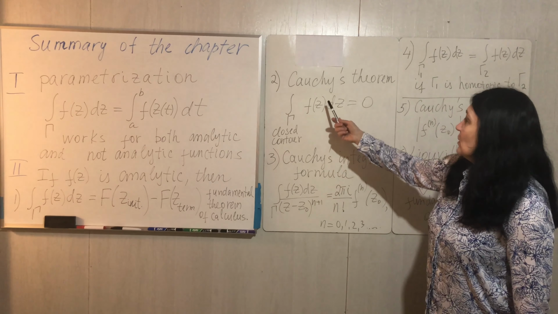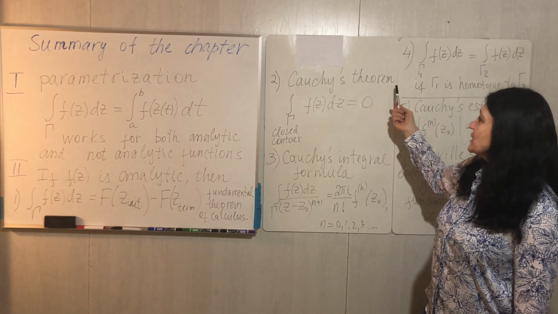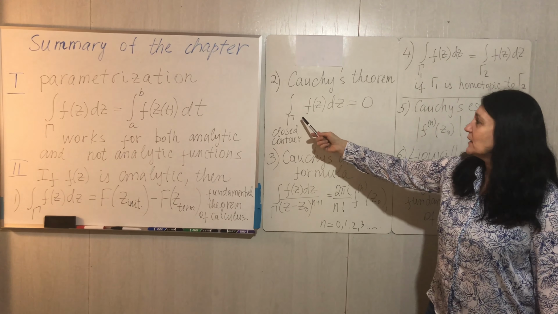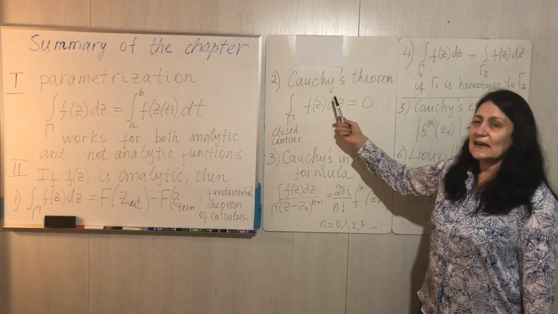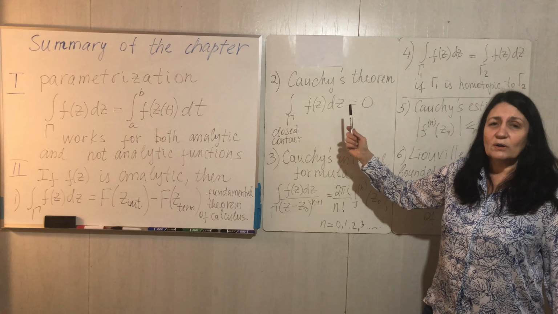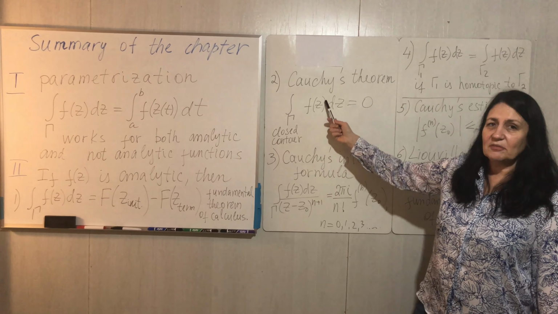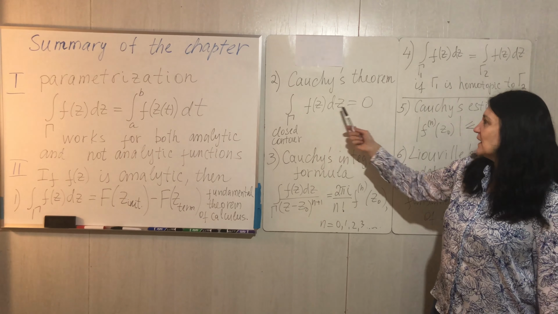Then we discussed Cauchy's theorem. If we have a closed contour and the function is analytic everywhere on the contour and inside, if no singularities inside, then we have 0.